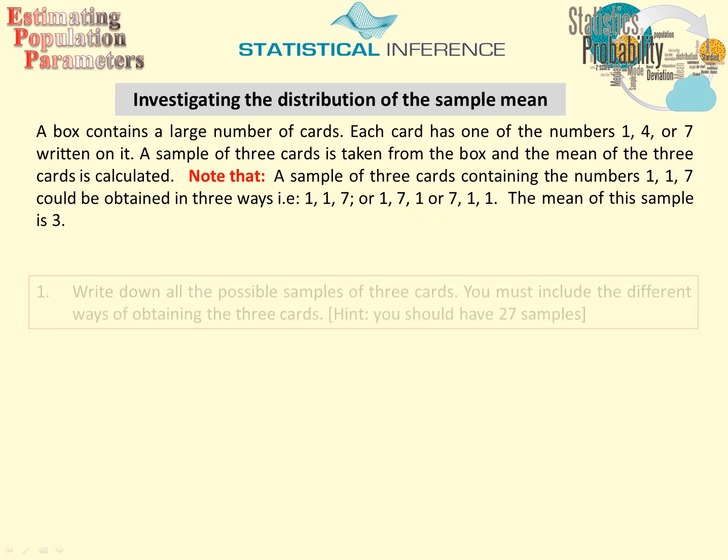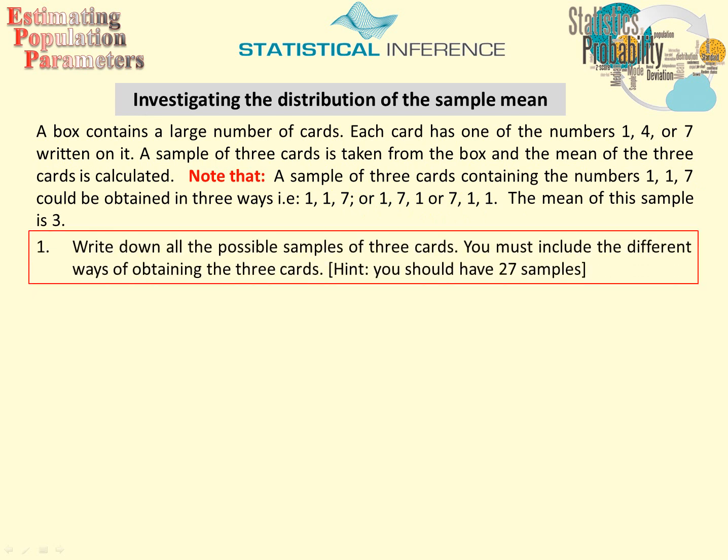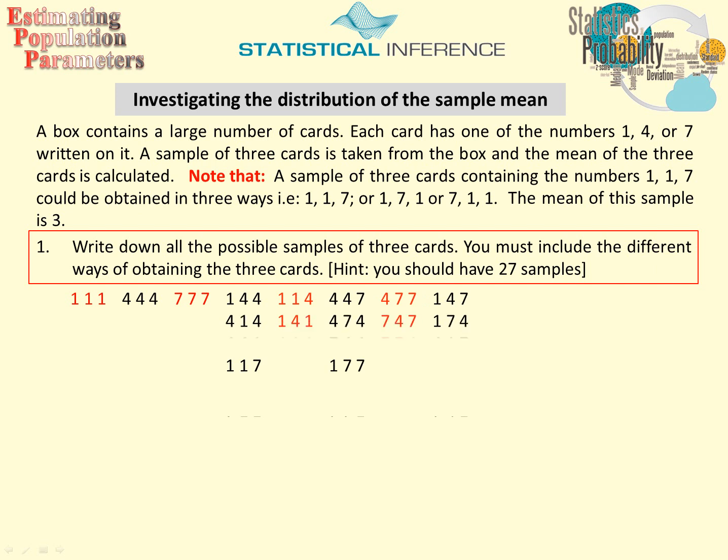So the mean of that sample is 3. Write down all possible samples of the 3 cards. You must include the different ways of obtaining the 3 cards. Alright, so there are all the possibilities, and there are all the possibilities with the permutations.